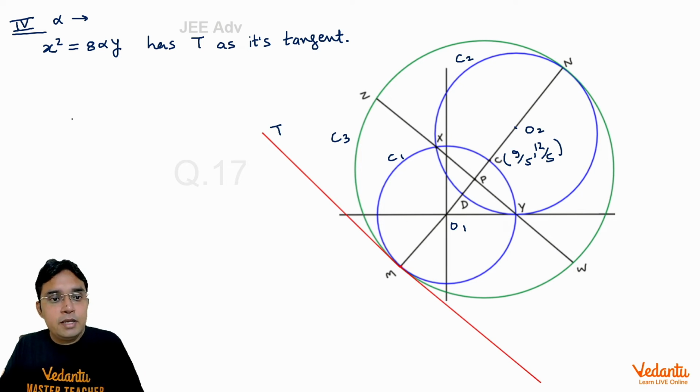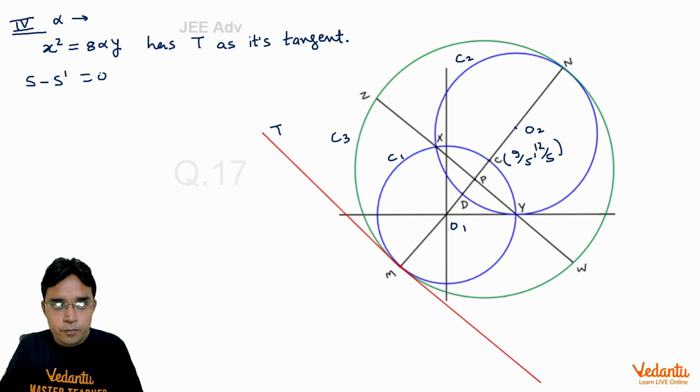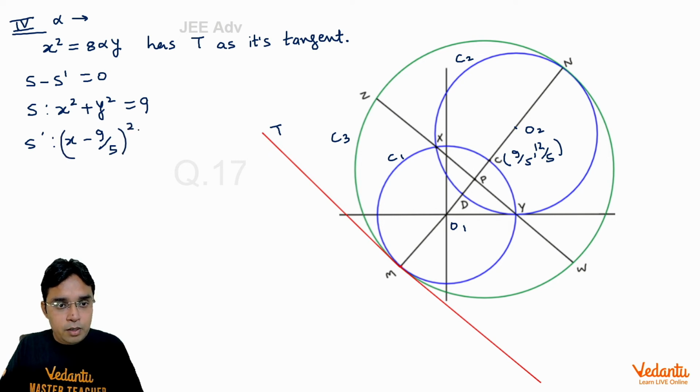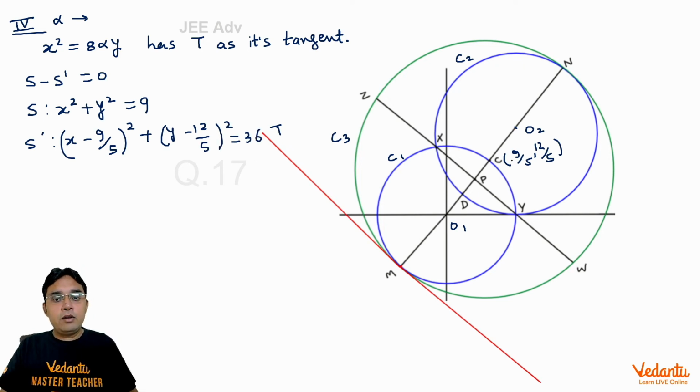And to find this, we can use this result S minus S dash is equal to 0, where S is x square plus y square equal to 9, and S dash is (x minus 9 by 5) whole square plus (y minus 12 by 5) whole square is equal to 36. We have already found the center of circle C3, (9 by 5, 12 by 5), and radius is 6.